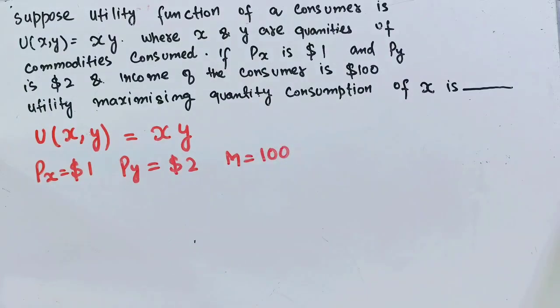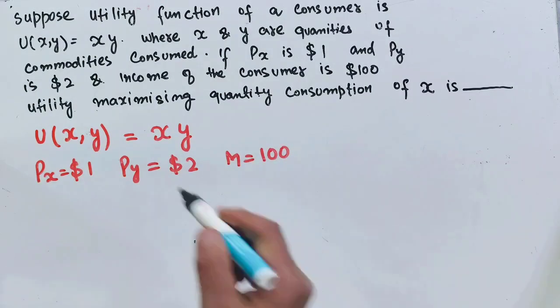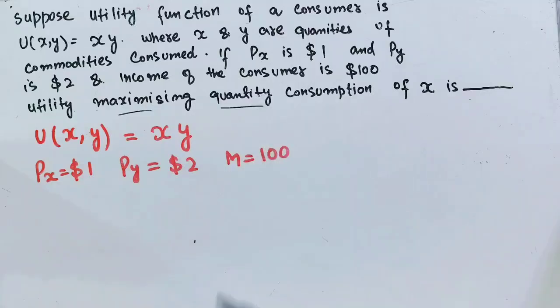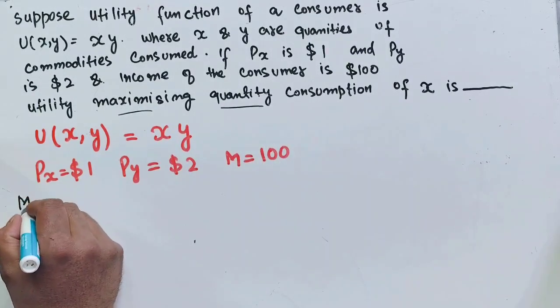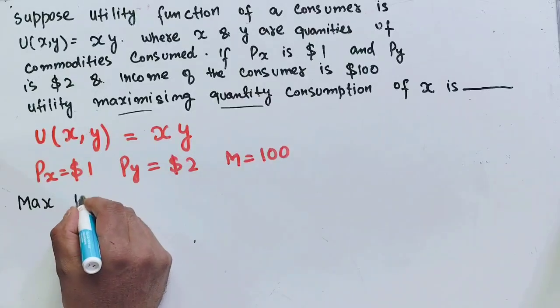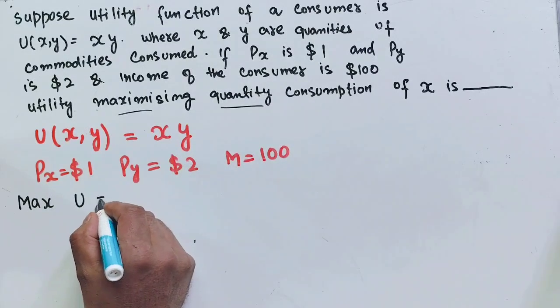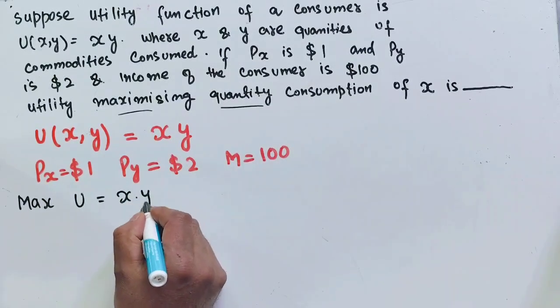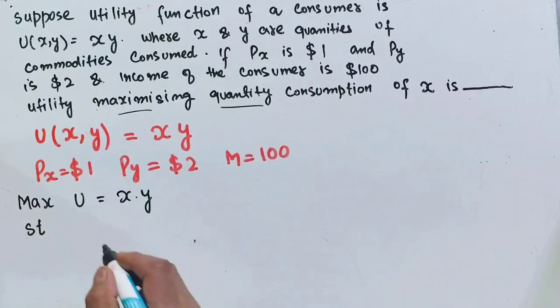We need to find out the utility maximizing quantity. So our endeavor is to maximize the utility of the consumer, that is x times y, subject to the budget constraint that he is facing.